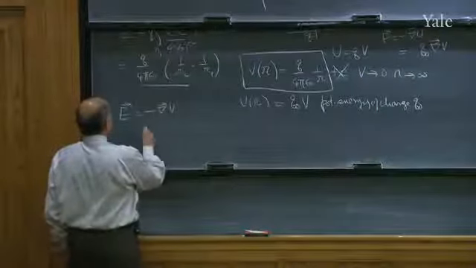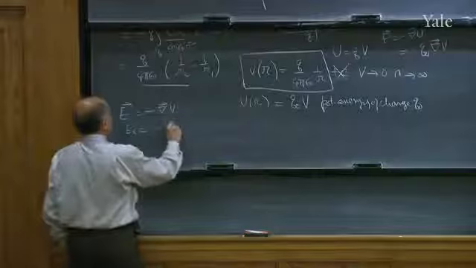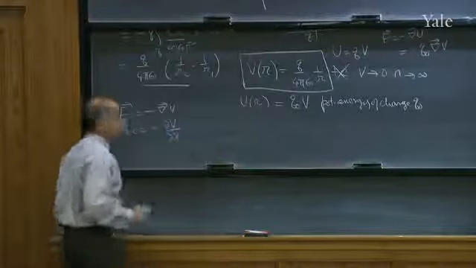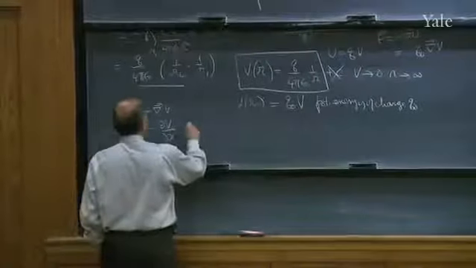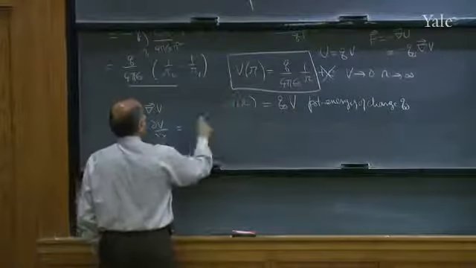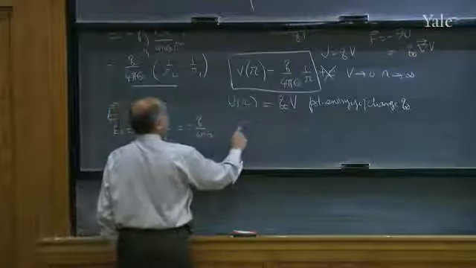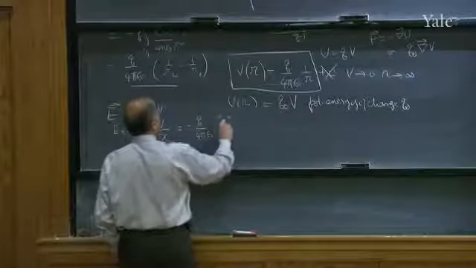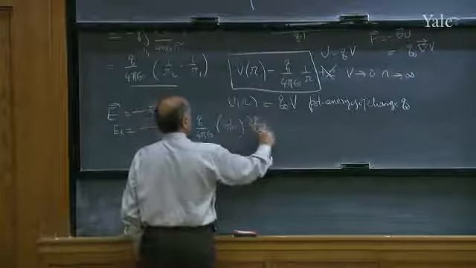So Ex, let me just do Ex. It's minus dV dx, right? Minus dV dx is minus Q over 4 pi epsilon 0. Derivative of 1 over R is minus 1 over R squared times dr dx.